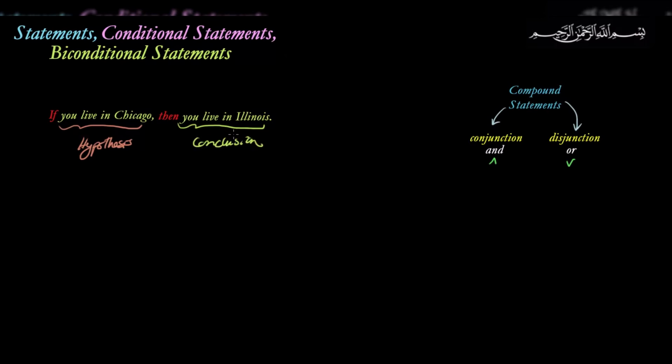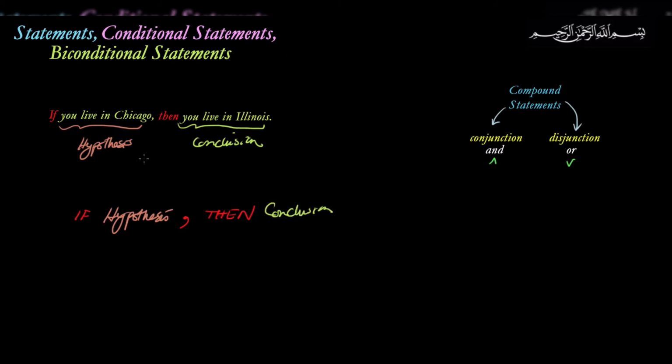So a conditional statement has two parts: it has a hypothesis and it has a conclusion. You can say if, followed by a hypothesis, and then, followed by a conclusion.